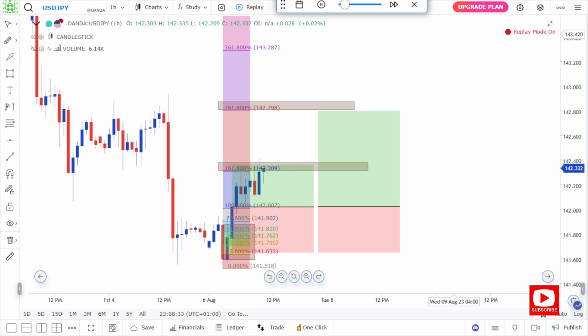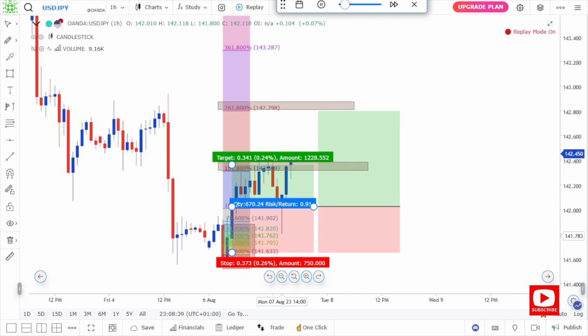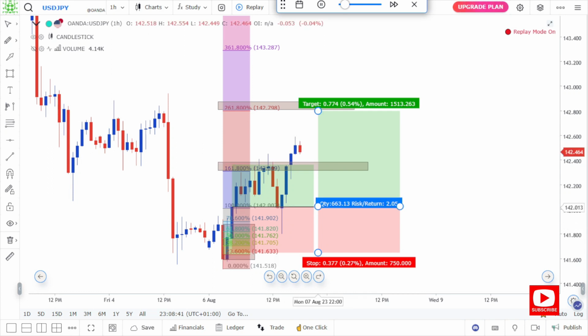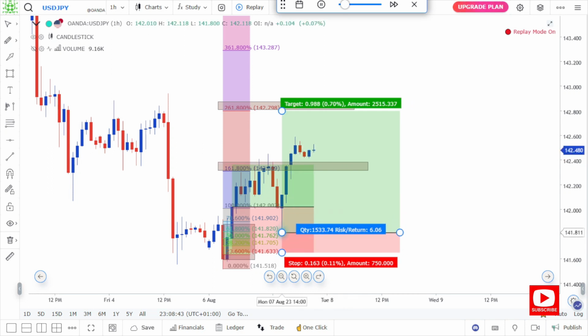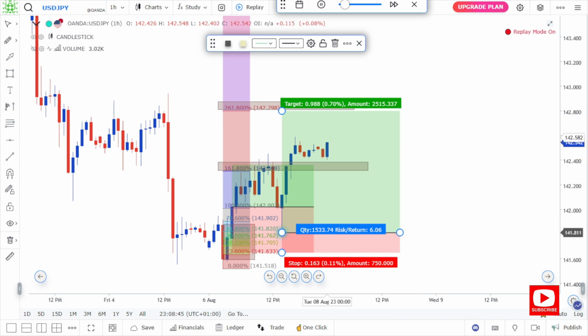Okay, our TP1 has been touched. Price took a little retest and we entered here. We can re-enter right here over to our second target, which was highly touched.